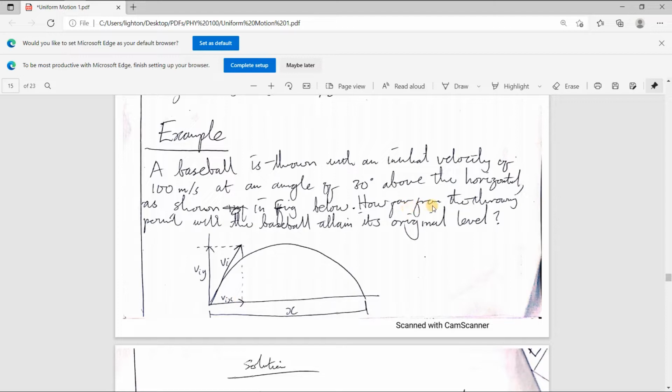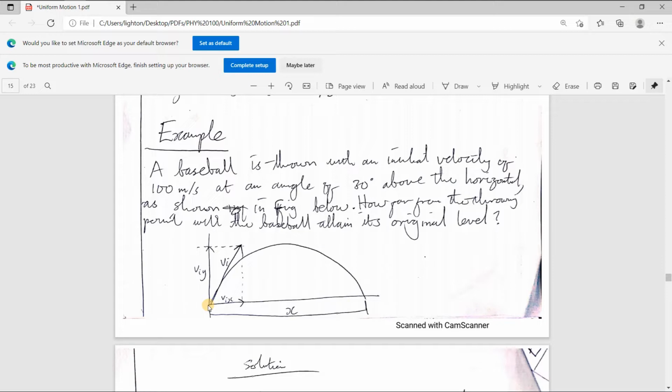Now the question is, how far from the throwing point will the baseball attain its original level? So how far is just a horizontal distance. The original level is just this level here, the horizontal level.